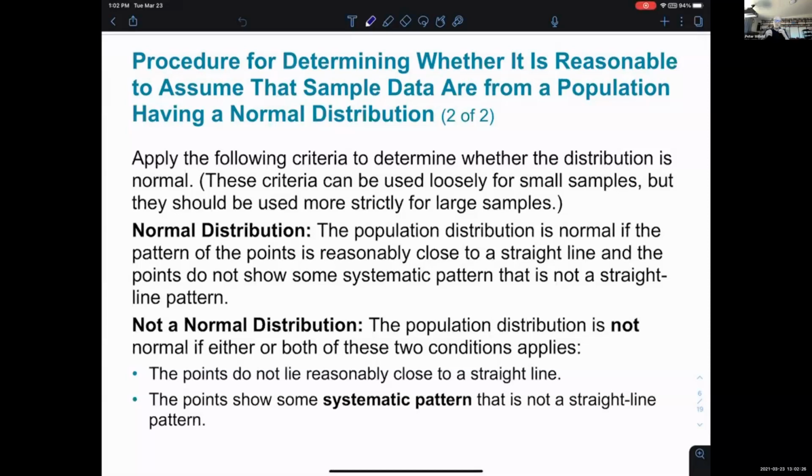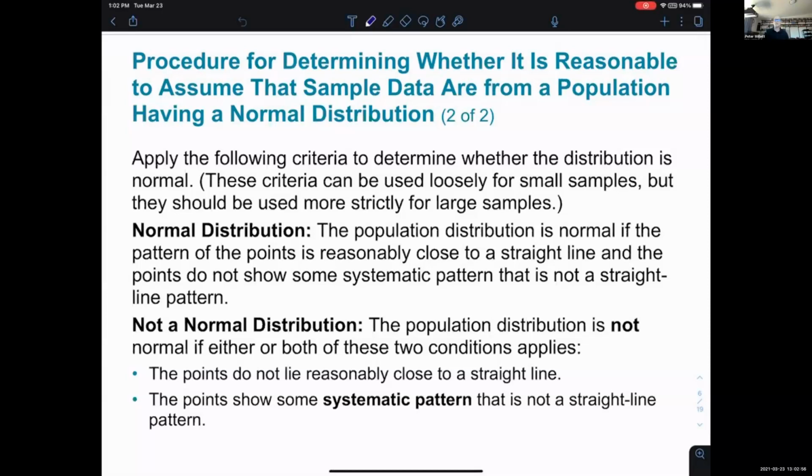So when you make this graph of the data values with their z-scores, if the data comes from a normally distributed set, then you should see these points line up in a straight line. And if they don't, like some sort of a cloud, or if they seem to have a curve that's a systematic pattern that's not a line, then that suggests that perhaps the population it comes from is not a normal distribution.